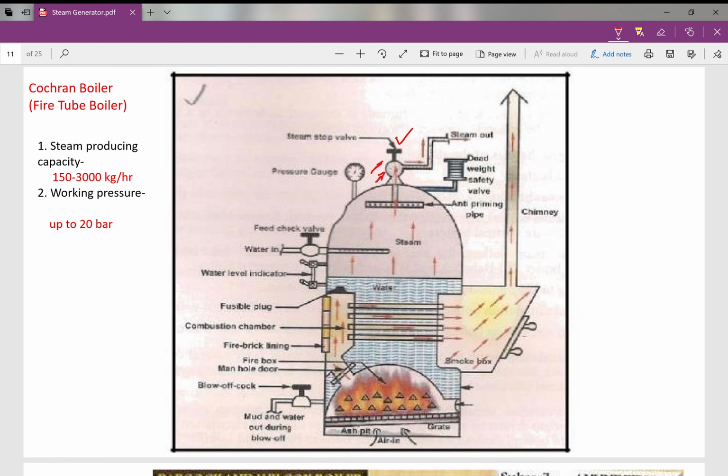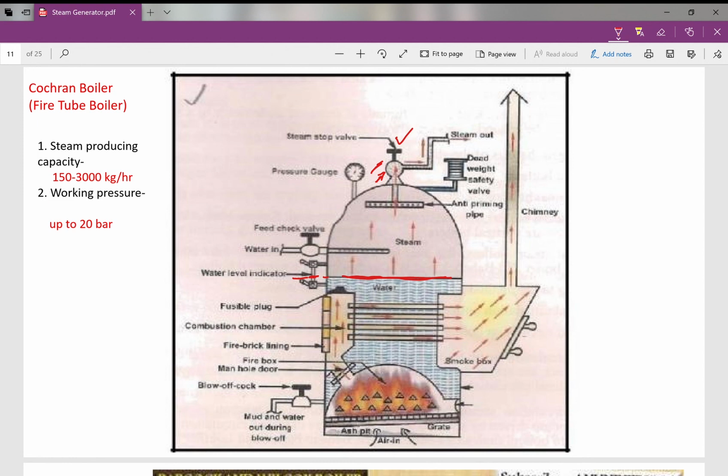This is your water level indicator, and this is the level of water, which will be indicated here. This is the glass tube, so this level can easily be observed by the boiler operator standing nearby, adjacent to the boiler.